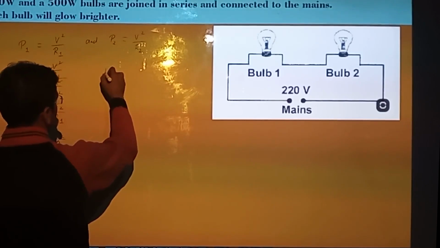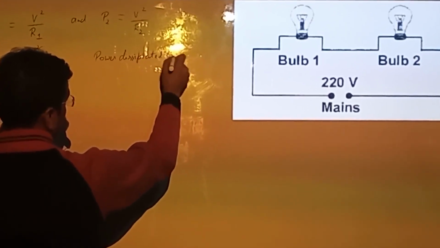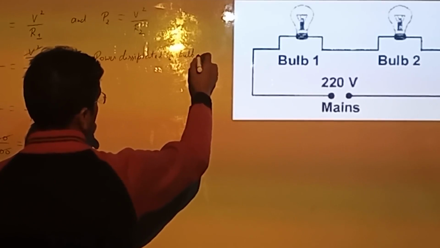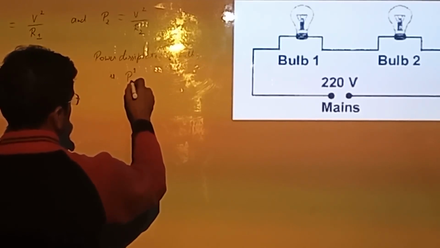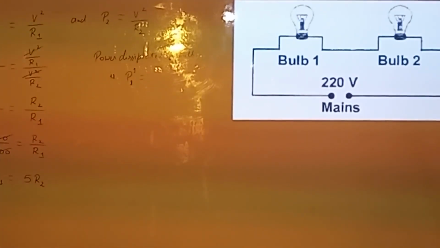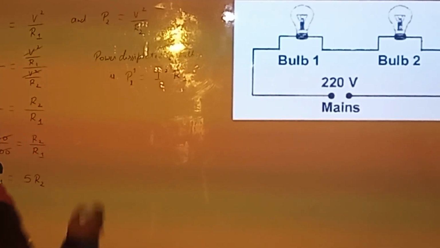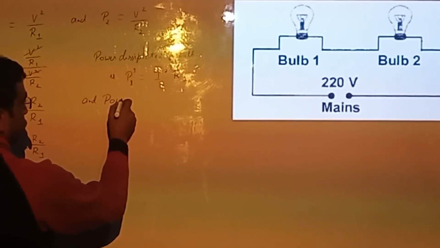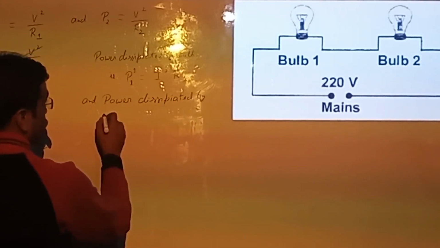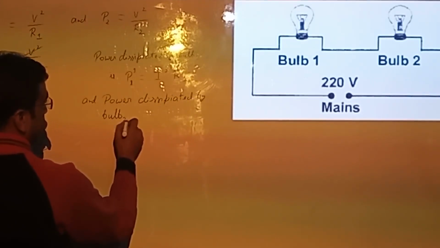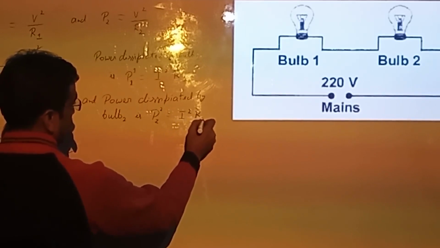So the power dissipated by valve 1 is P1 equal to I square R1, and the power dissipated by valve 2 is P2 equal to I square R2.